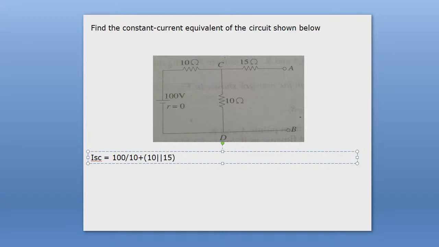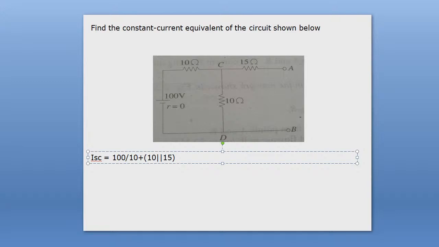Everyone look at the figure, and then you short terminals A and B, put a short between terminals A and B. After putting the short between terminals A and B, the circuit is nothing but a circuit having a DC voltage source and a resistance 10 ohm connected in series with the resultant resistance of the parallel combination of resistance 10 and 15 ohm.